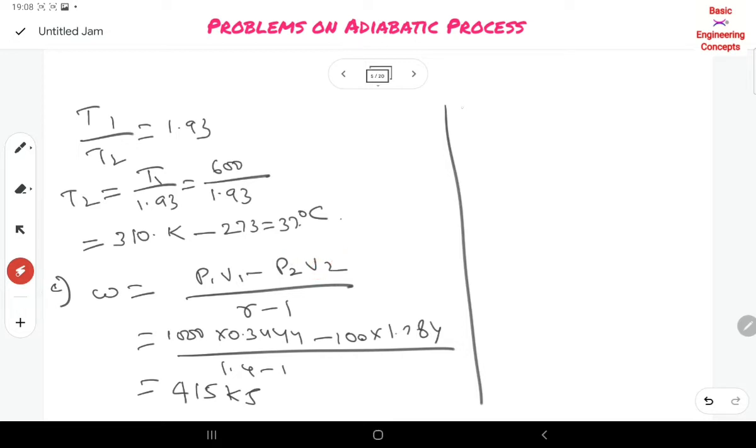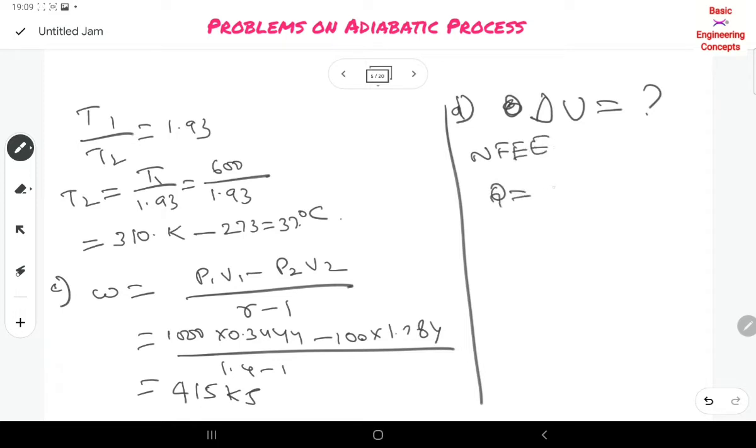So next, fourth bit, that is internal energy. According to the first law of thermodynamics, Q is equal to W plus delta U. As it is an adiabatic process, neither heat is transferred to the system nor rejected from the system, that is Q is equal to 0.